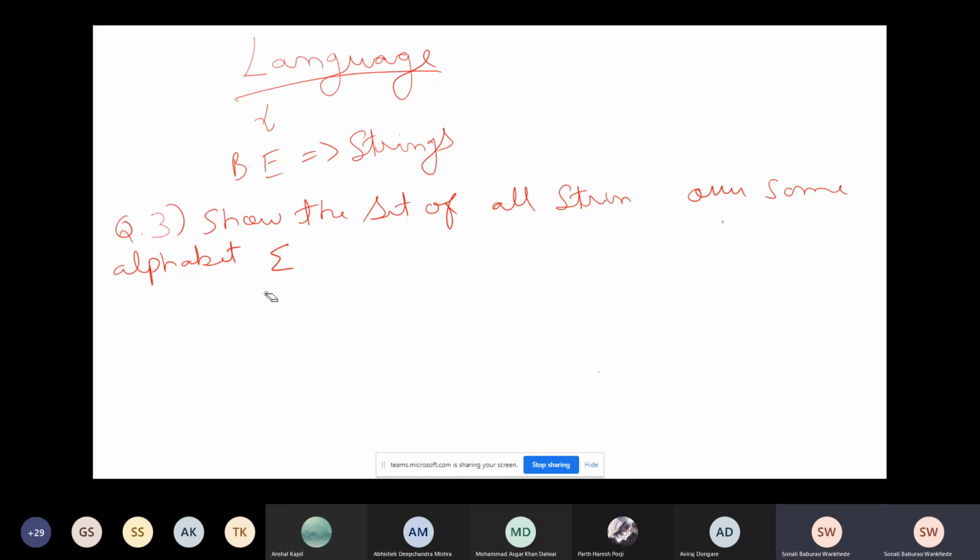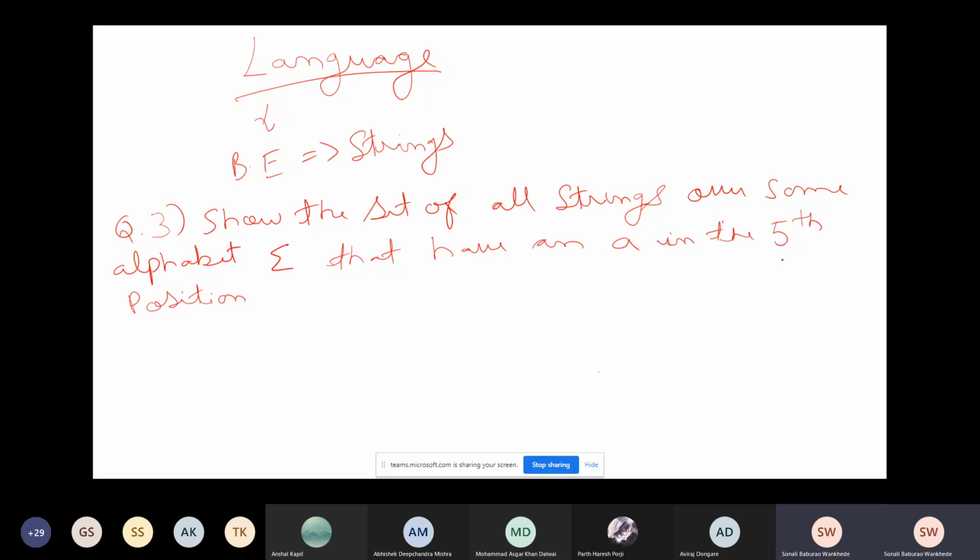You have to show the set of all strings over some alphabet sigma that have an A in the fifth position from the right.